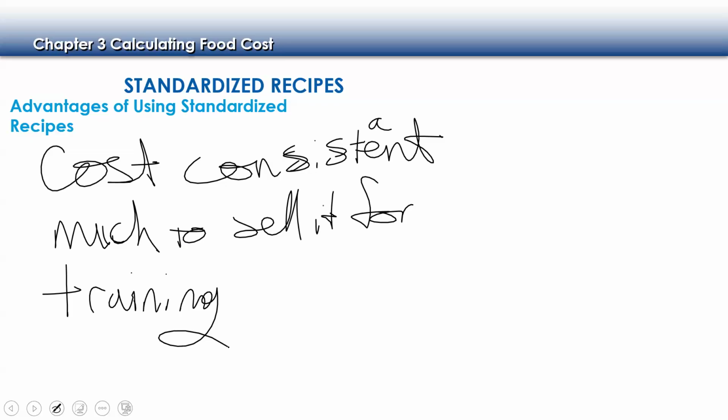All right, so consistency for our customer expectations. When I go to Chili's and I eat that cheeseburger in San Antonio and I'm visiting Denver and I go to Chili's, I eat that cheeseburger, it's going to taste the same. So that consistency of our customers' expectations.